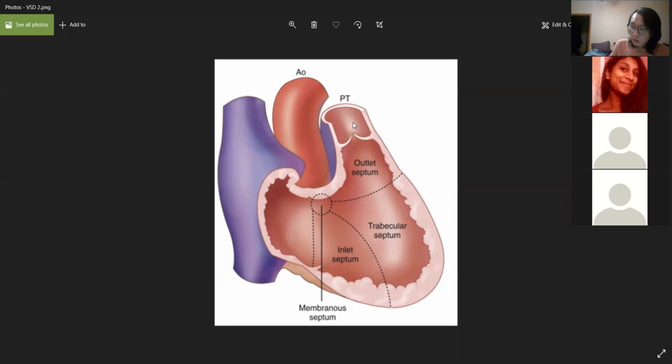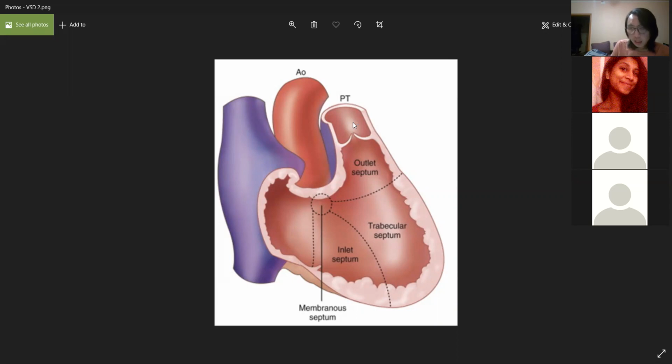And again, I would like to reiterate that a muscular or trabecular defect, based on this picture, closes more frequently; it's more likely to close than your membranous defect.